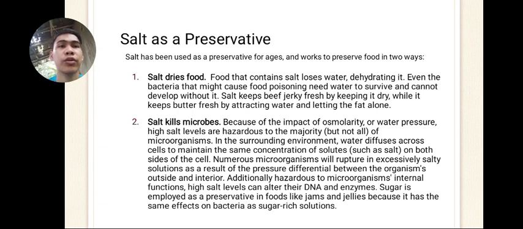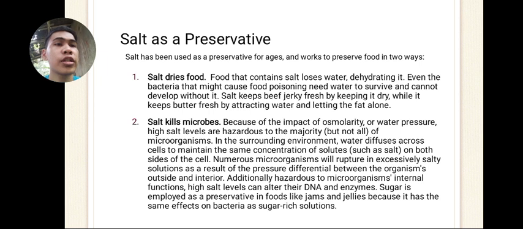Salt kills microbes because of the impact of osmolarity or water pressure. High salt levels are hazardous to the majority of microorganisms. In the surrounding environment, water diffuses across cells to maintain the same concentration of solutes on both sides of the cell.